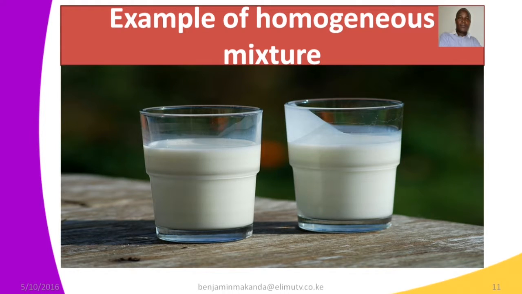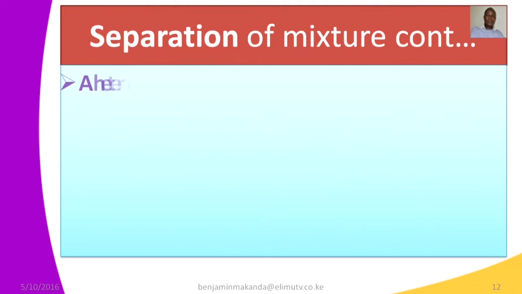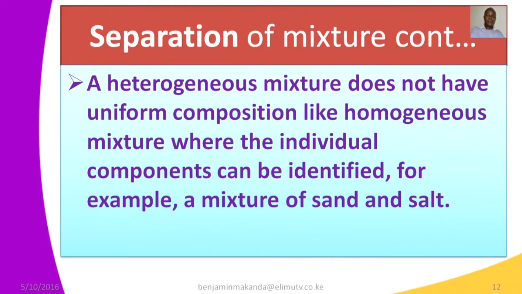What about heterogeneous mixtures? Heterogeneous mixtures do not have a uniform composition like homogeneous mixtures, and the individual components can be identified. For example, a mixture of sand and salt. This is a heterogeneous mixture because the components do not have a uniform composition, and as a result, you can identify the individual components because they can be seen.